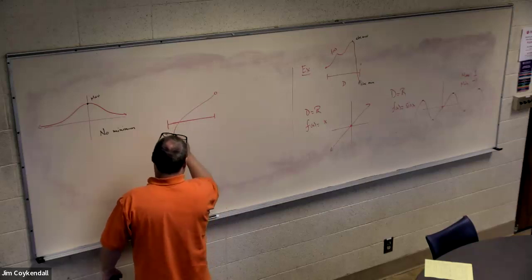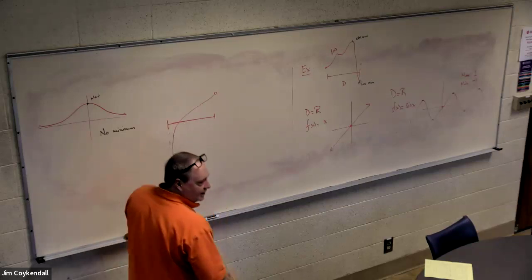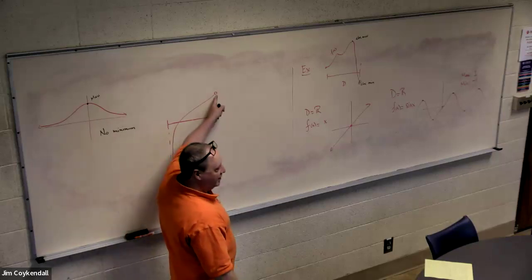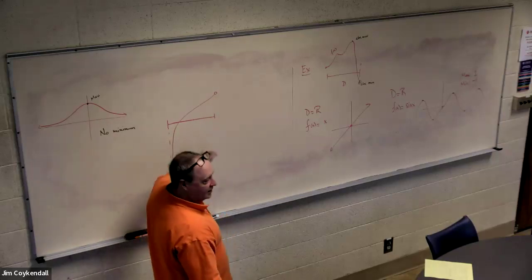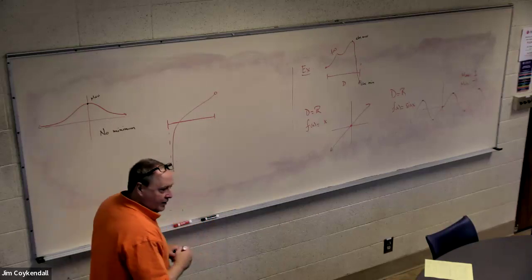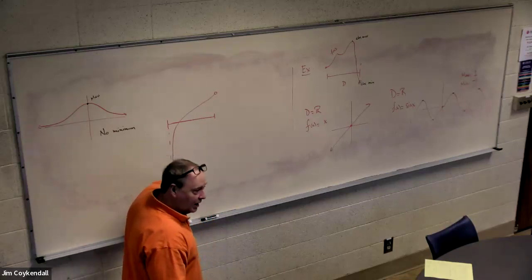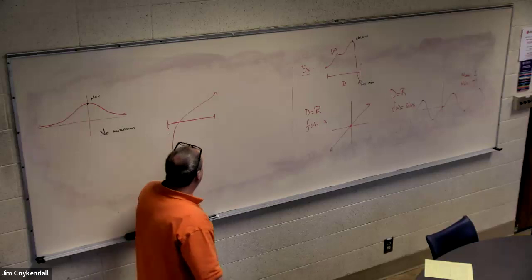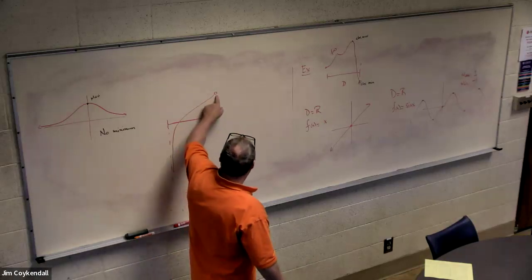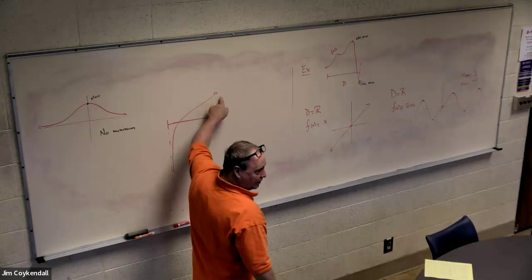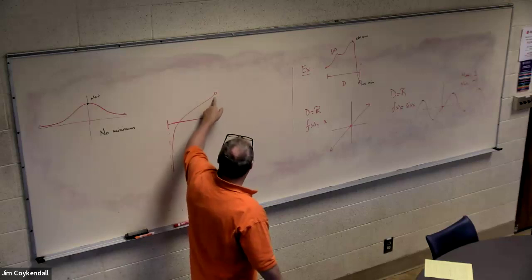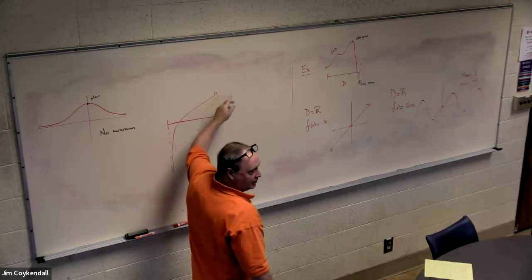What if this is sort of a vertical asymptote? And then there's no point. But everybody agrees that there's no minimum, right? Because no matter how low you want to go, you can go a little lower. And there's no maximum because if I colored in that point, the maximum would occur right here, right? There's no point. So again, you've got the same problem, just on a smaller scale.